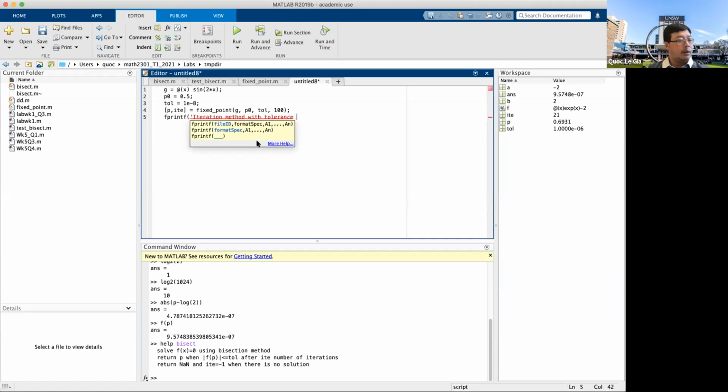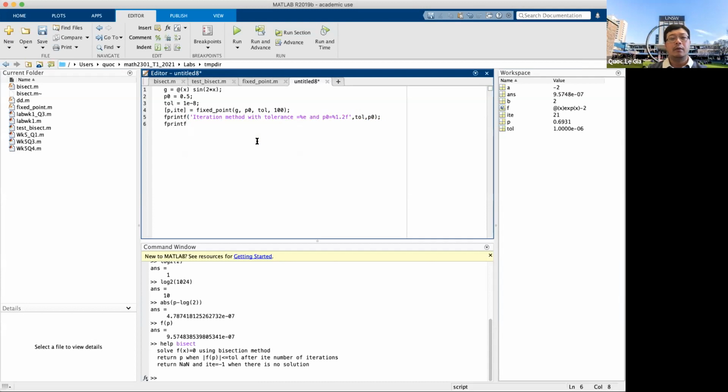So tolerance equal something like this, and then an initial guess P0 equal a floating point number, so 1.2, so 1 digit before the dot and 2 digits after the dot, and then you put in tolerance here and P0 here.